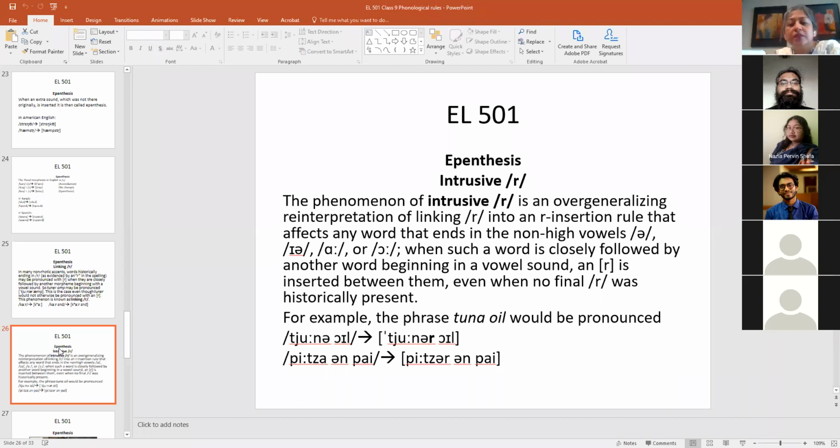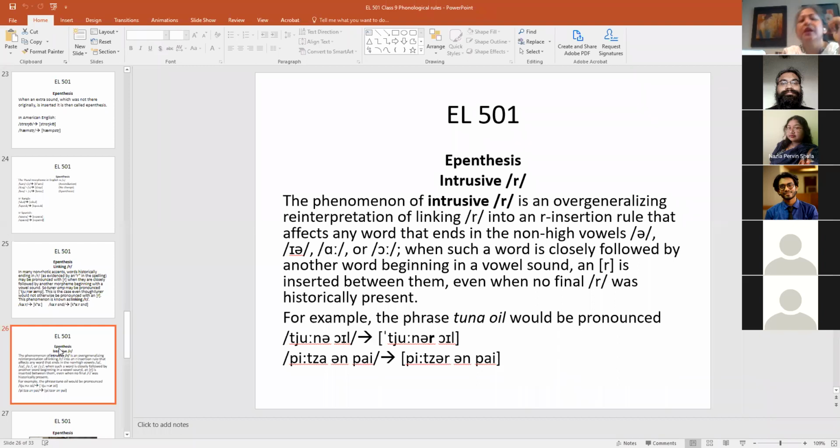Now, in the phenomenon of intrusive R, it is an overgeneralizing reinterpretation of linking R into an R insertion rule that affects any word that ends in a non-high vowel, such as a, ia, a, or o. When such a word is closely followed by another word beginning in a vowel, an R is inserted between them, even when no final R was historically present.